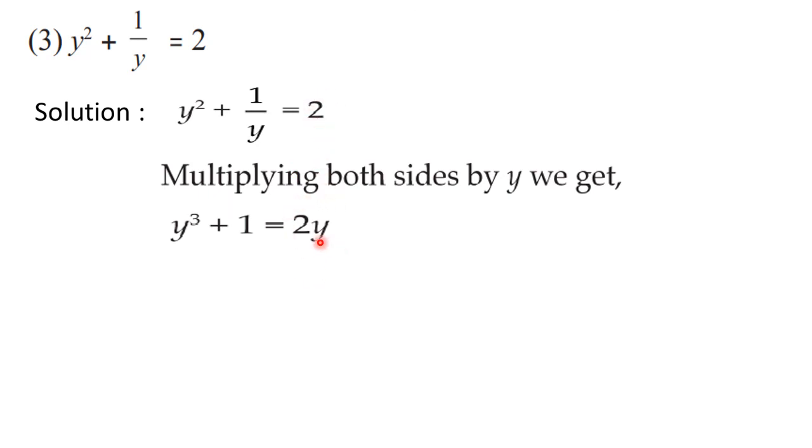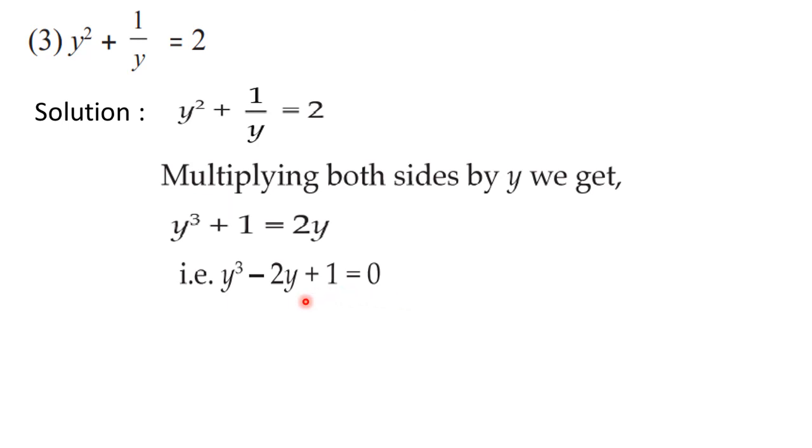Don't forget to multiply on the right hand side, otherwise you are multiplying only on the left hand side and forgetting this part. So don't do that. Afterwards, bring all the terms to the left hand side and write equal to 0. As I have said, your equation should be in this form only.